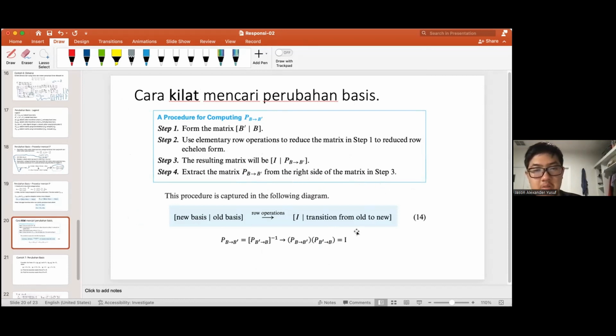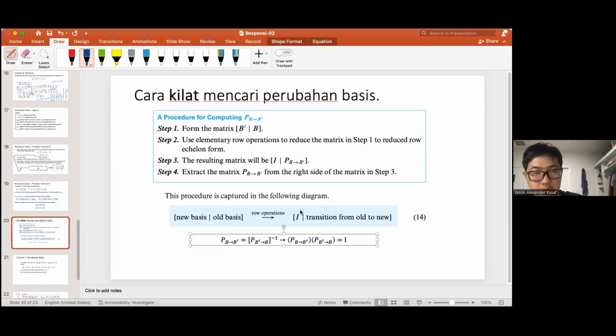So this is the simple procedure, and this is also a property that you should know: the change of basis from old to new times the change of basis from new to old is equivalent to the identity matrix. Basically, they are inverses of each other.